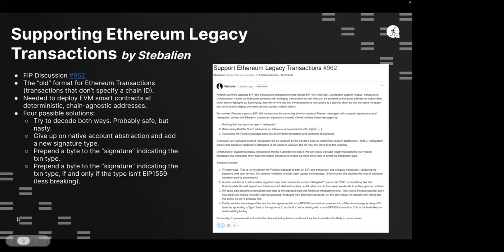I guess the real comparison here is really option 4 and option 2. That really is, well, option 4, 2, and 1, honestly. Like 1, try to decode both ways, it's technically safe, actually, because it's technically equivalent to options 3 and 4, because basically you can reduce options 3 and 4 to option 1, because this extra type byte is technically not signed by the transaction.